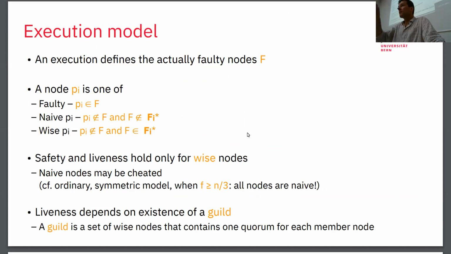Then we have a number of nodes that is corrupted. And if this is bigger than our failure parameter f, we cannot do anything, and we cannot give anything to the honest ones, the remaining ones. If the nodes that are corrupted are f or fewer, then the remaining ones are honest, and they get the full guarantees of the protocol.